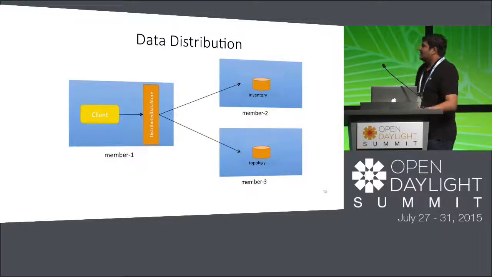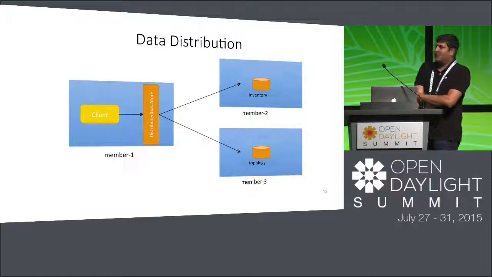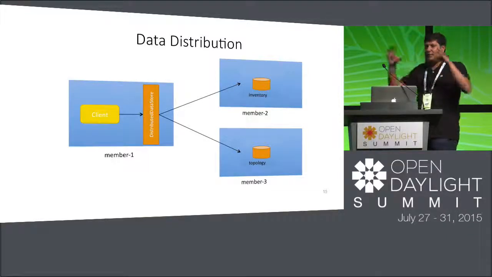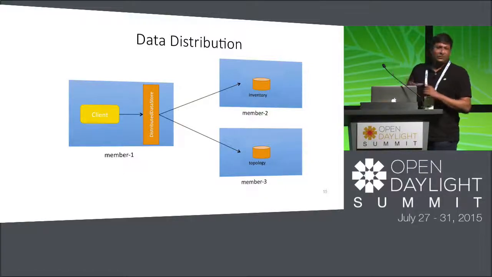The next thing is data distribution. Once you are able to access data remotely, the next thing you want to do is not have all your data in one place. You have this big data tree, inventory, topology, toaster, foobar, whatever, you put everything into the data tree, and now it's become so big that it doesn't even fit into one node because there's not enough memory on that node.